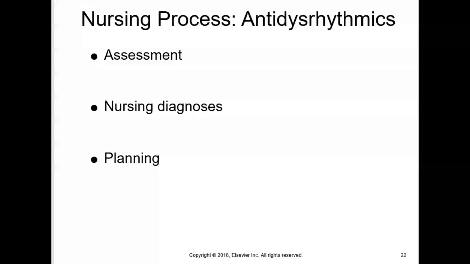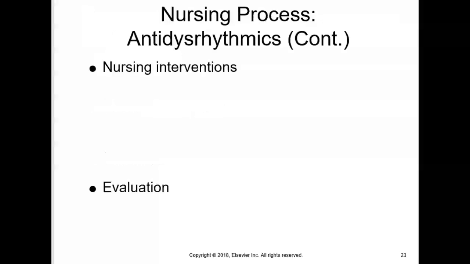And then also in terms of teaching, we want to teach the patient to take medications as prescribed. Advise patients to avoid alcohol, caffeine, and tobacco. Alcohol can intensify a hypotensive reaction. Caffeine increases catecholamine levels, and tobacco promotes vasoconstriction.